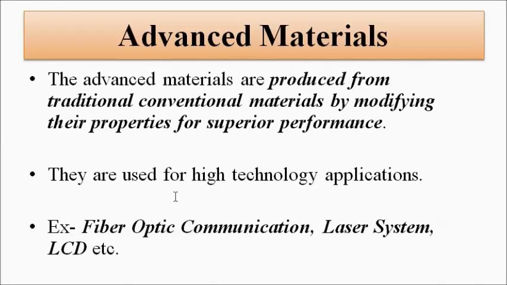Then comes the final one, which is advanced materials. Advanced materials are those which are produced from traditional conventional materials by modifying their characteristic properties such as electrical, mechanical, optical and thermal, to give us an end product which has superior characteristics as compared to the constituents, the components.